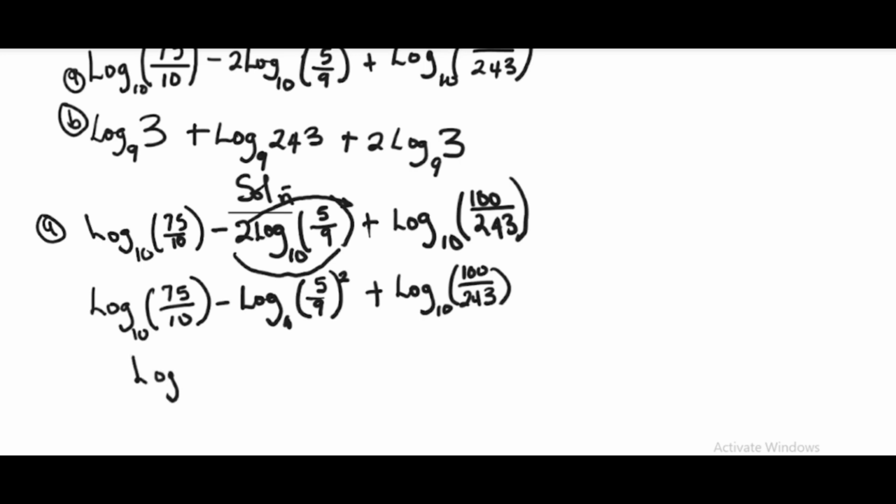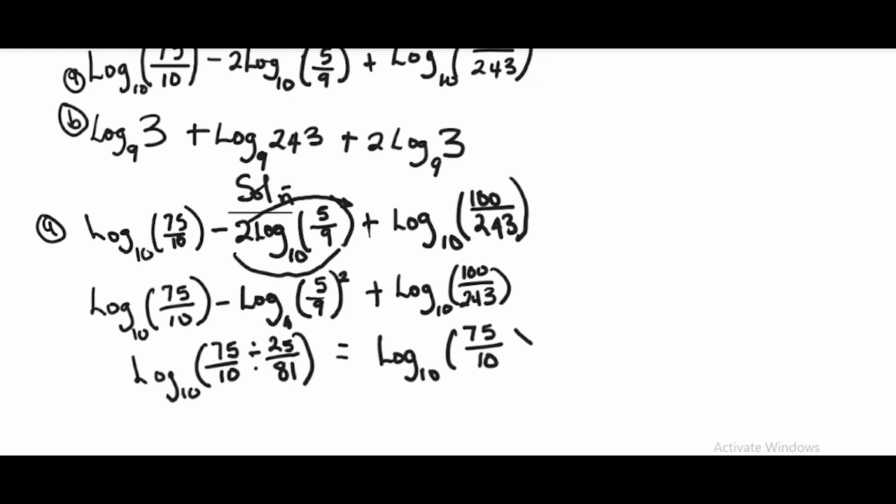So we'll have the log of 75 over 10 divided by 5 squared, which is 25 over 81. Let's finish with the first two terms, then we'll bring in the last one. So this is equal to the log in base 10 of 75 over 10.